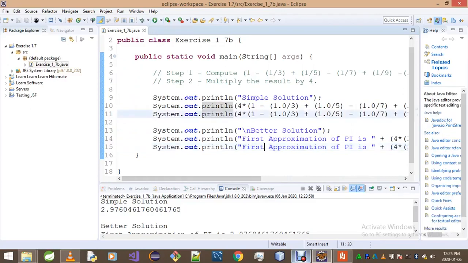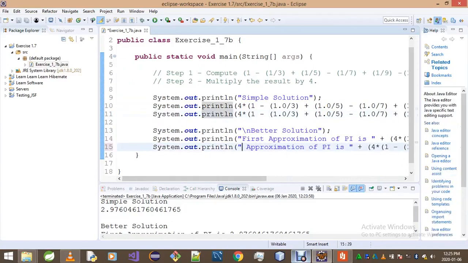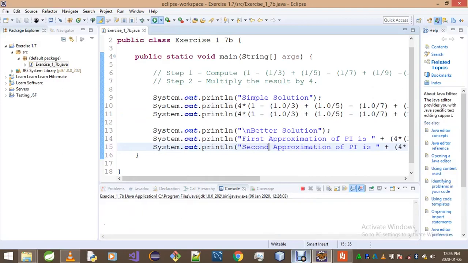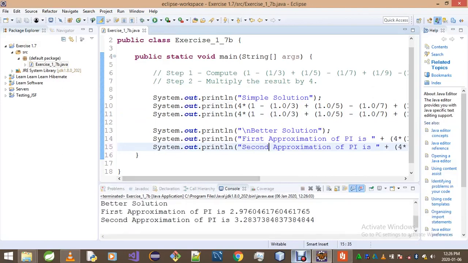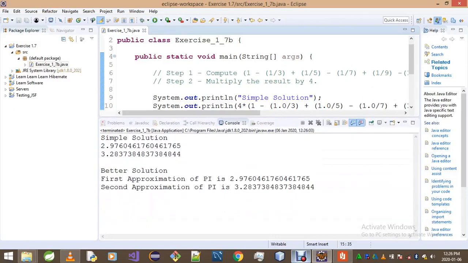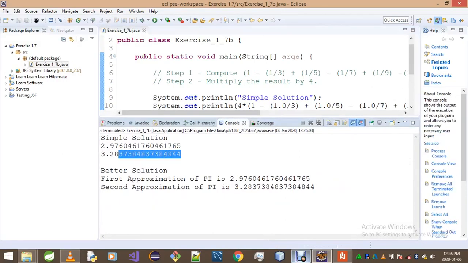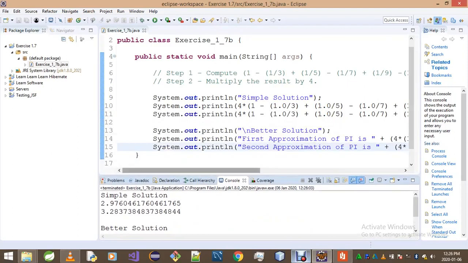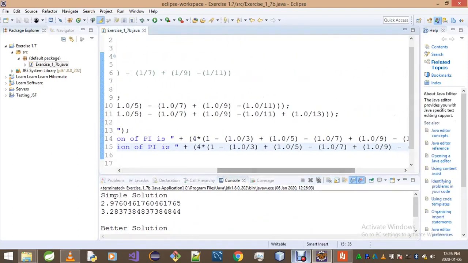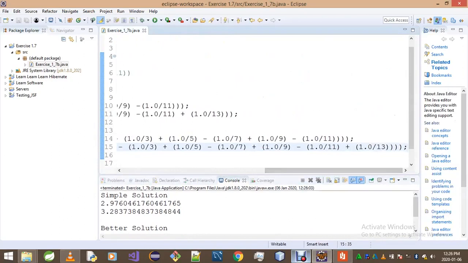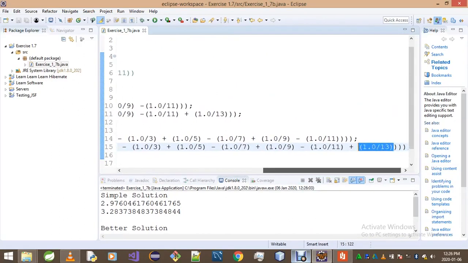Oh, let's put second because this is actually our second approximation. You see, this number here is actually getting closer to the true value of pi. Basically, the idea is the more you add to this formula, the more fractions you add following this pairing, the more you approach the true value of pi.